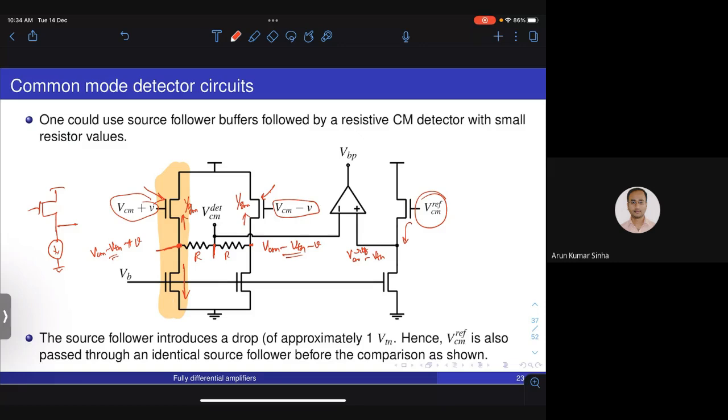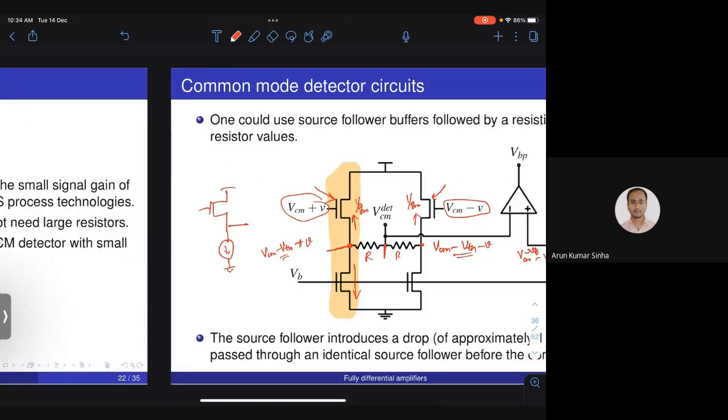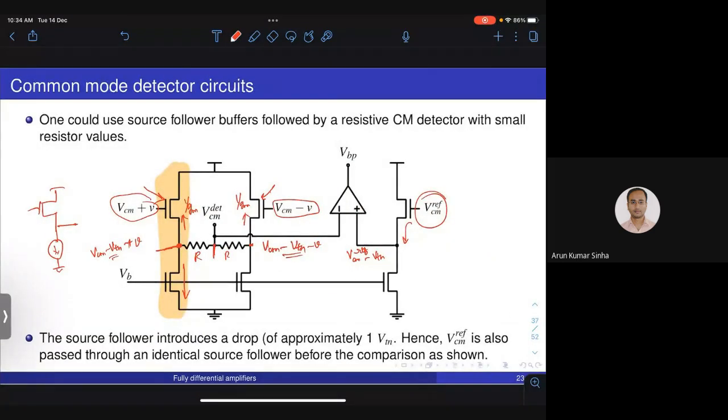In this way, we make sure that the amplifier output is not loaded. Therefore, the differential gain doesn't change, but you detect the common mode and drive the common mode feedback to keep all the transistors in saturation. Now, again, is this the best way to do it?